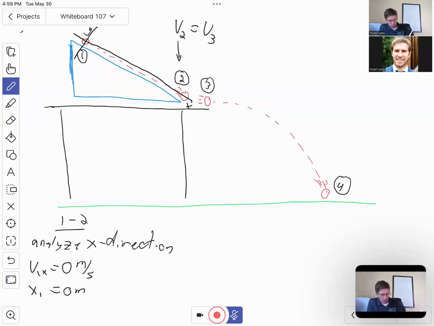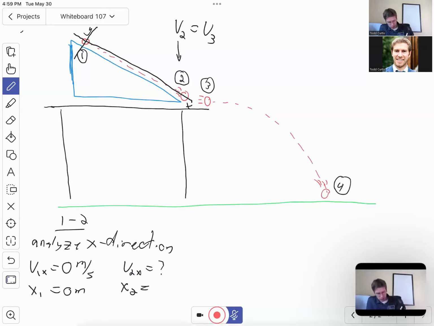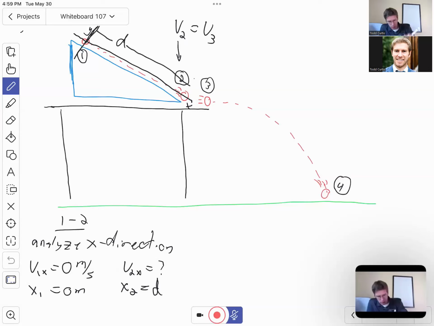And then if we look here, our V final, which is V2 in the x, we don't know. And in fact, that's what question 1 is asking us to figure out, is what is that speed it has at the bottom of the ramp. And my x2, my position at the bottom of the ramp, I'm going to just go ahead and call D. So that's something we're going to measure, but that's the distance D from where it starts to the bottom of the ramp, and that's something that you might vary during the lab.